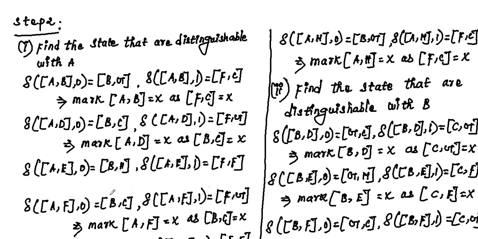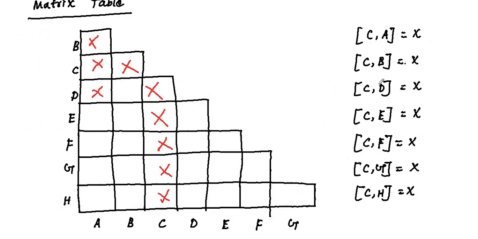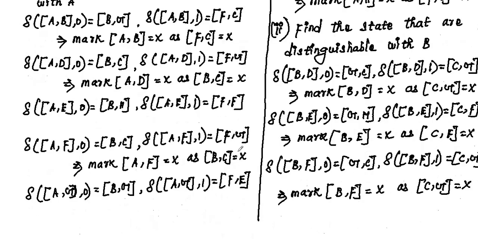In these two answers, B comma C is a cross mark. We already put in the first step, C comma B. B comma C or C comma B, both are the same. So mark A comma F equal to cross mark because B comma C is a cross mark.